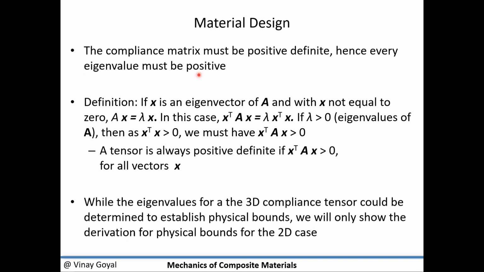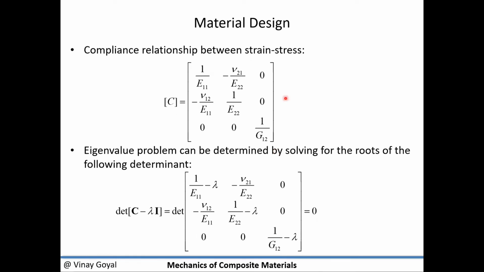What that means is that if X is an eigenvector of A, and X is not equal to 0, it doesn't matter what eigenvector you choose, for every positive eigenvalue, this multiplication has to be greater than 0 for all vectors of X. So while the eigenvalues for a 3D compliance tensor could be determined to establish physical bounds, we only have to really show the derivation for 2D since we're looking at the classical plate theory, but that can be applied to 3D. So the compliance matrix looks like this.